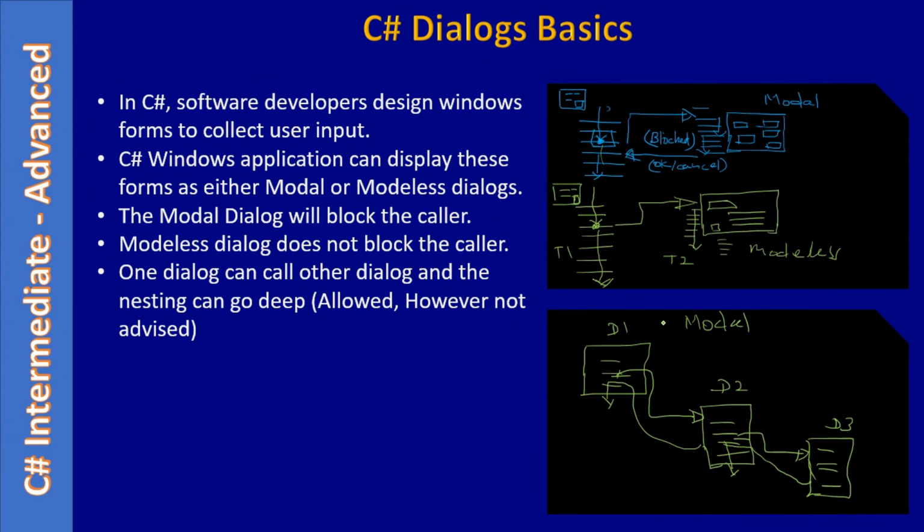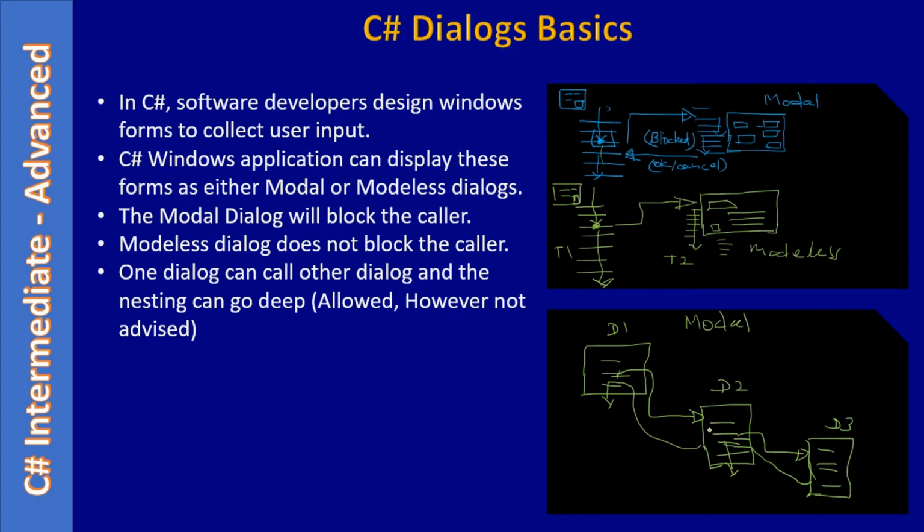Say for example, a personal user information form. The user clicks personal detail or banking detail. So once the user clicks personal detail, there may be one more dialog, and here there is one more dialog for a formatted name. And if you see, the main action here is collecting the personal information.